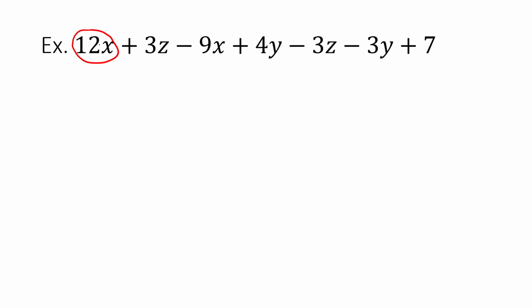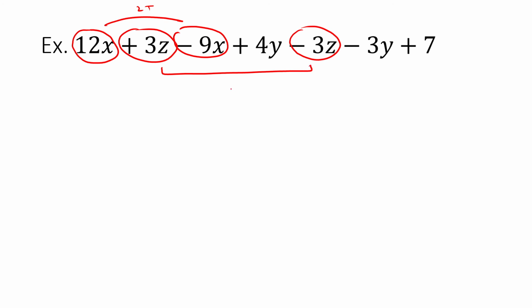So let's start with 12x. Is there any like term with 12x? Yes, it's minus 9x. So those two are like terms. Now let's move on to plus 3z. Is there any like term with plus 3z? Yes, it's minus 3z.